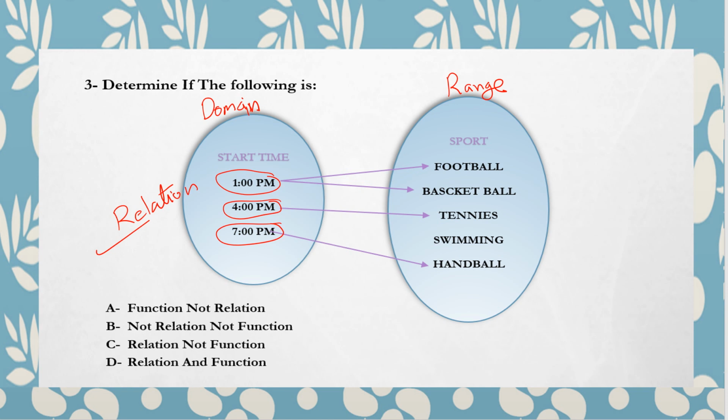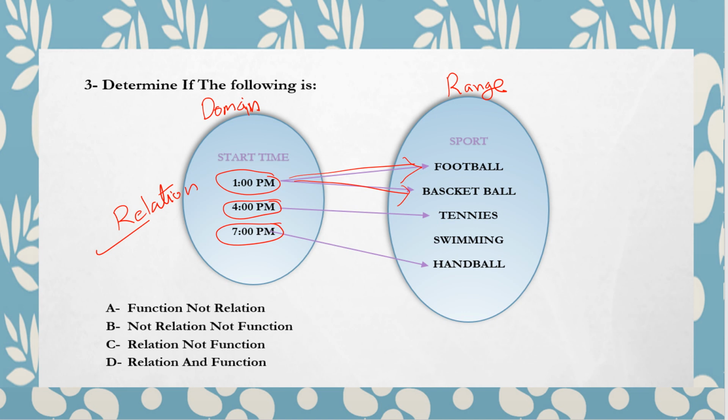But this relation is not a function because the start time 1 p.m. corresponds with two elements in the range, and we said that each element in the domain should correspond to exactly one element in the range.